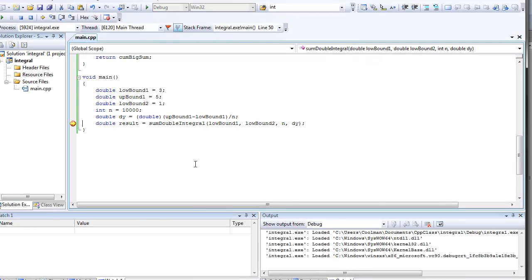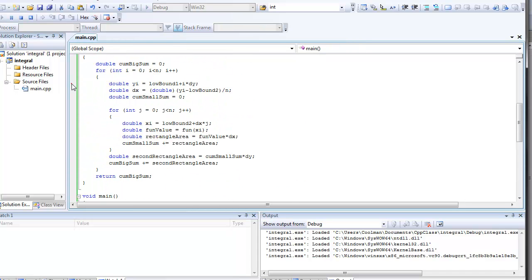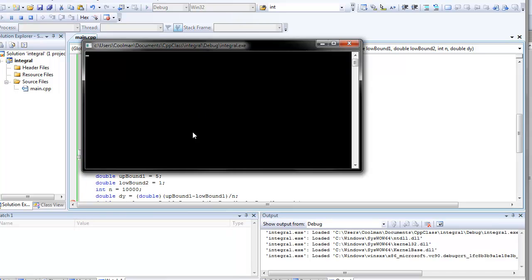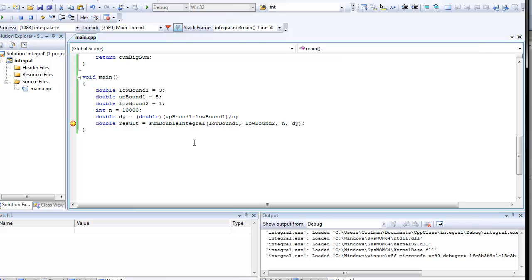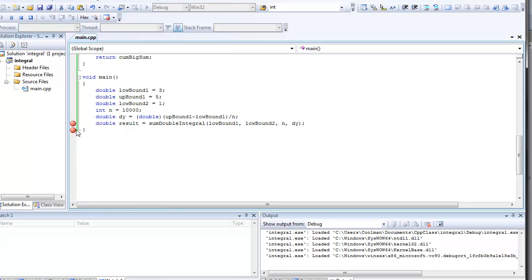Okay, once again. Yeah, should be completed within a second. I don't know why it crashes like this. Maybe because I need a breakpoint over here.